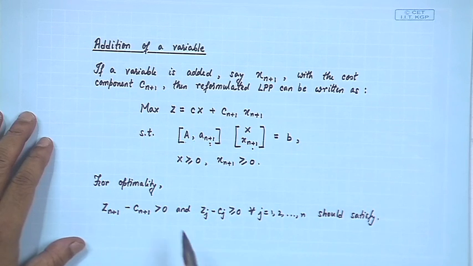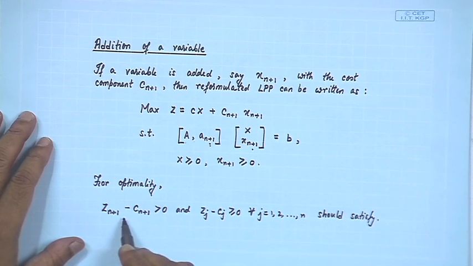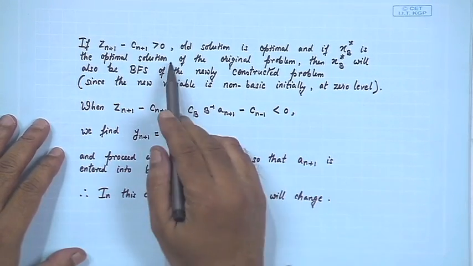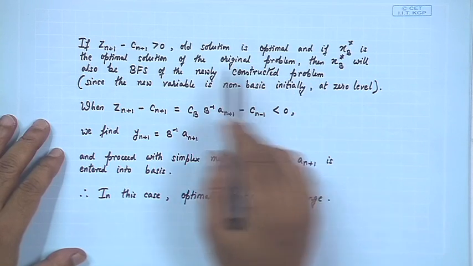Now, for optimality, your Z n plus 1 minus C n plus 1 should be greater than 0 and Z j minus C j is already satisfied for the old problem. Along with that, for optimality, your Z n plus 1 minus C n plus 1 also should be greater than 0. Therefore, if your Z n plus 1 minus C n plus 1 is greater than 0, old solution is optimal, because there is no change automatically.